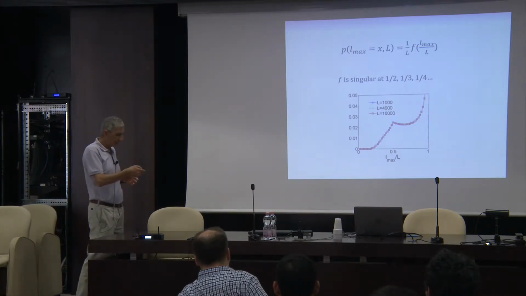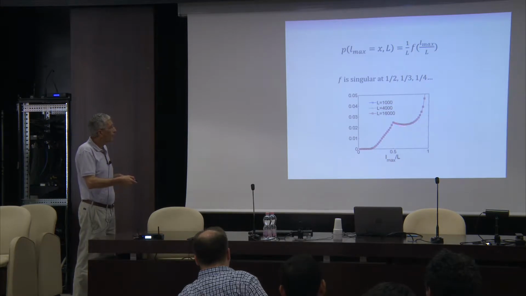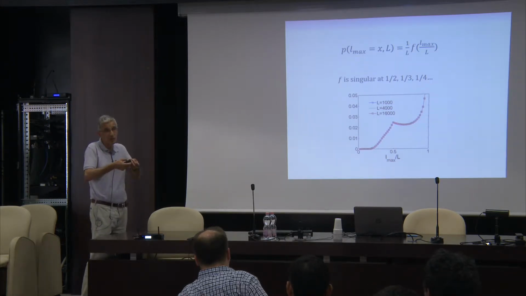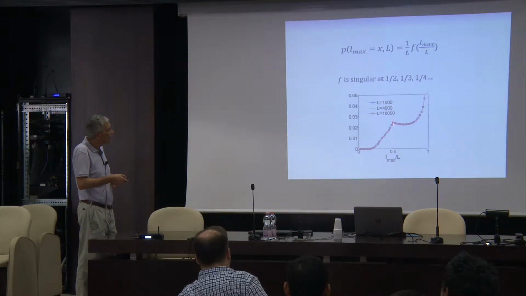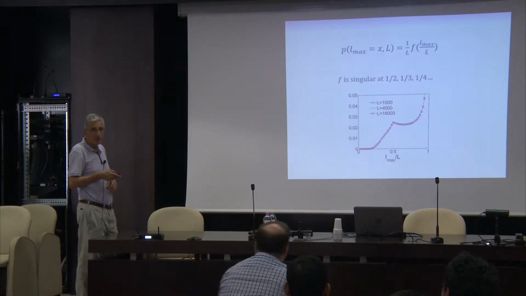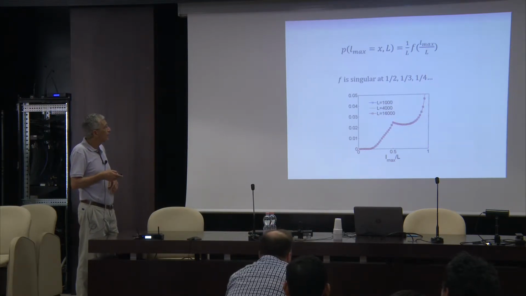If L max over L is larger than a half, then you cannot have more than one large domain. If between a half and a third, you can have two such domains, etc., and you get these singularities. You don't see them here, of course. You see only the leading one, but that's a different function.